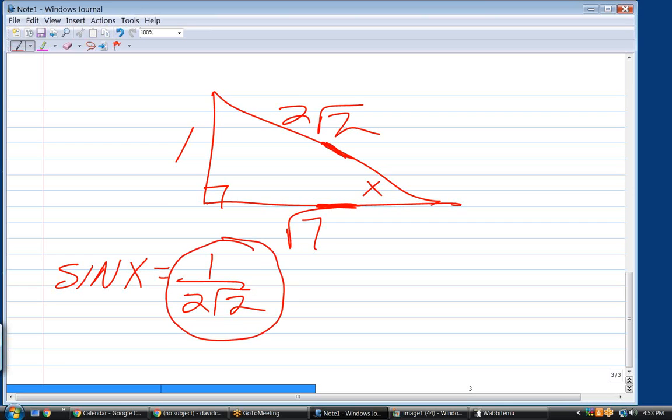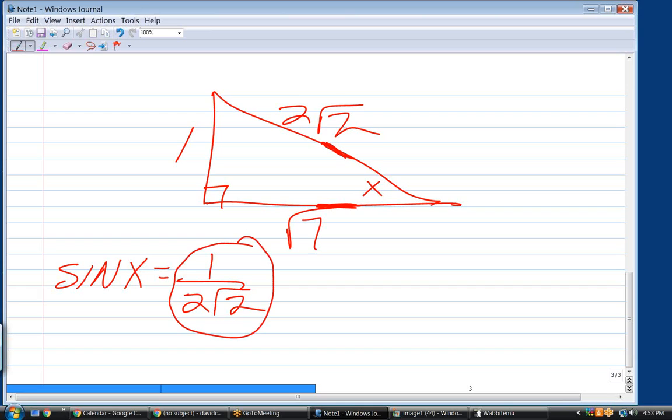Totally precise. But there's no way I'm substituting 1.41 for square root of 2 and coming up with a decimal. I'm just not going to do it unless I absolutely have to. So there is a problem with this answer. What is it?